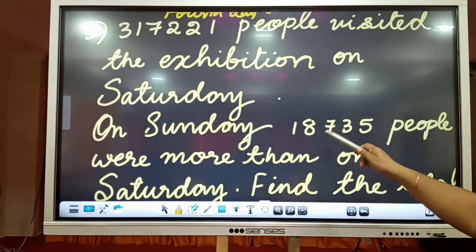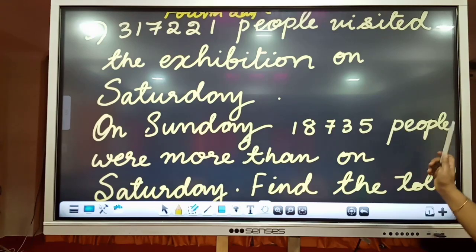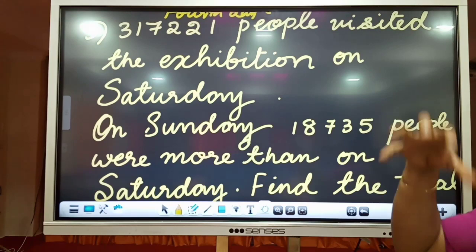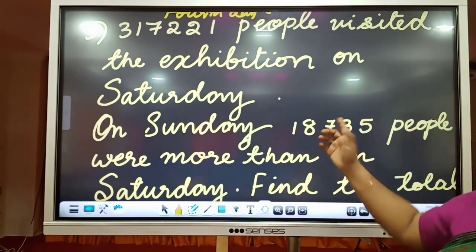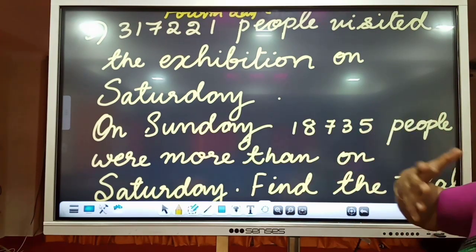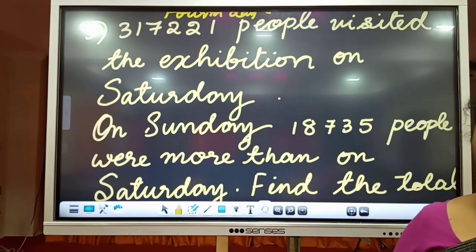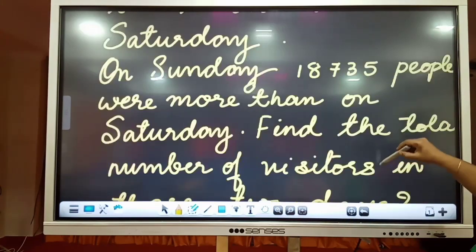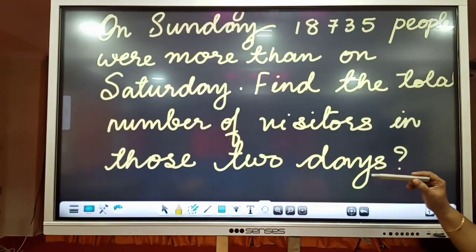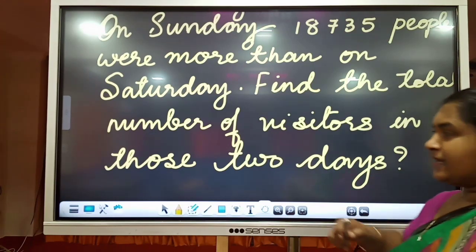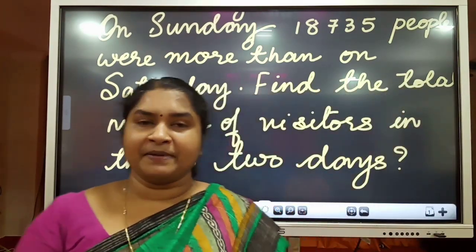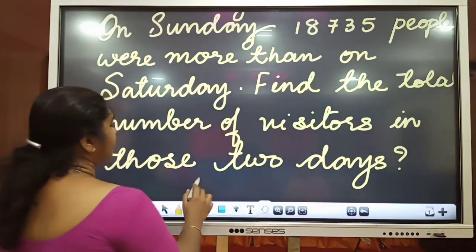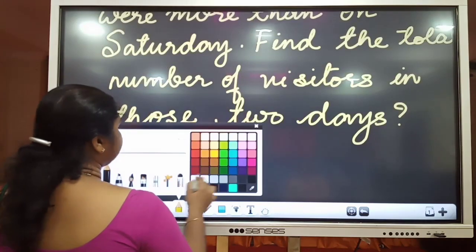On Sunday, 18,735 people were more than on Saturday. 18,735 more people came on Sunday than on Saturday. Got it? The question is, find the total number of visitors in those 2 days. So I think in this question you want my help. Otherwise you may make mistakes. Okay, so I will help you here only for the last question.